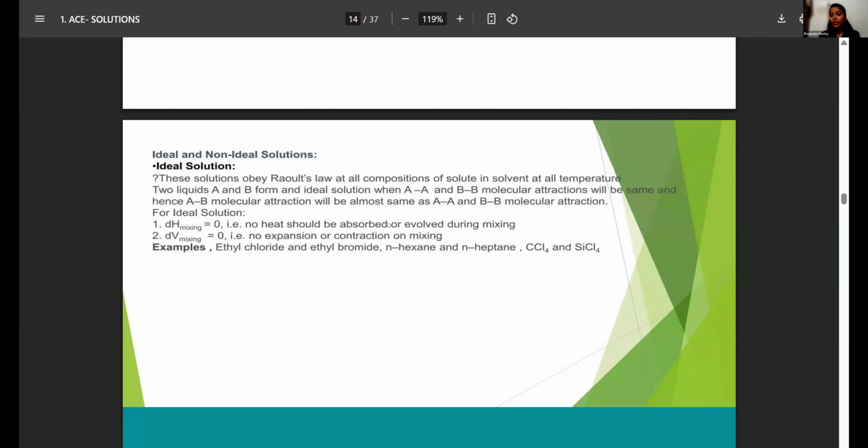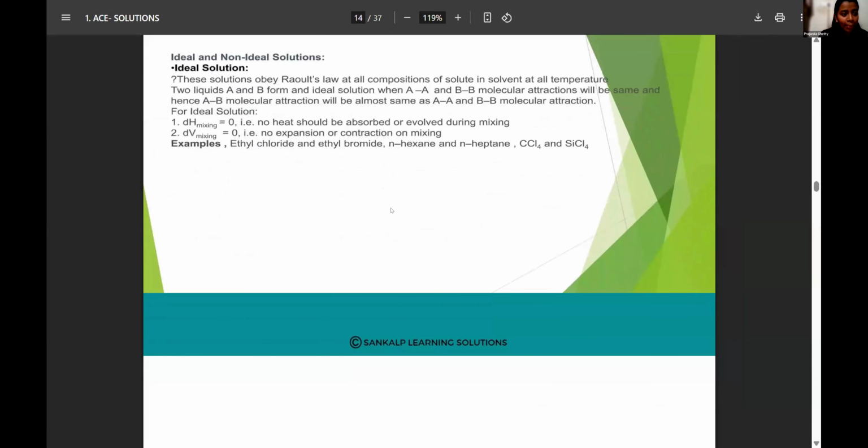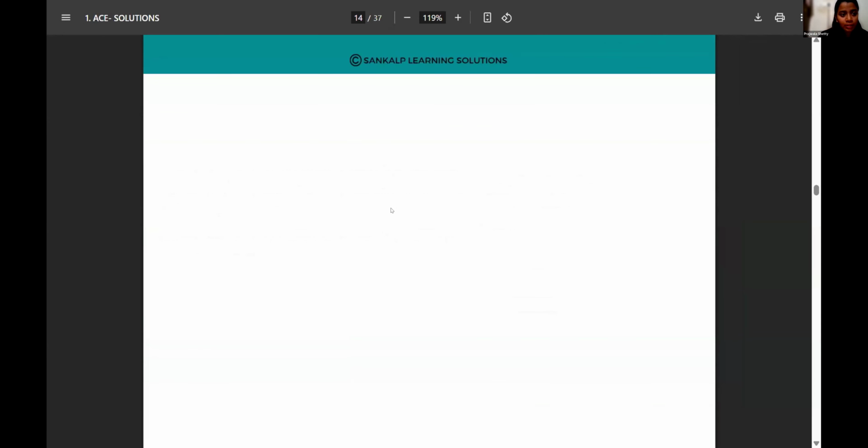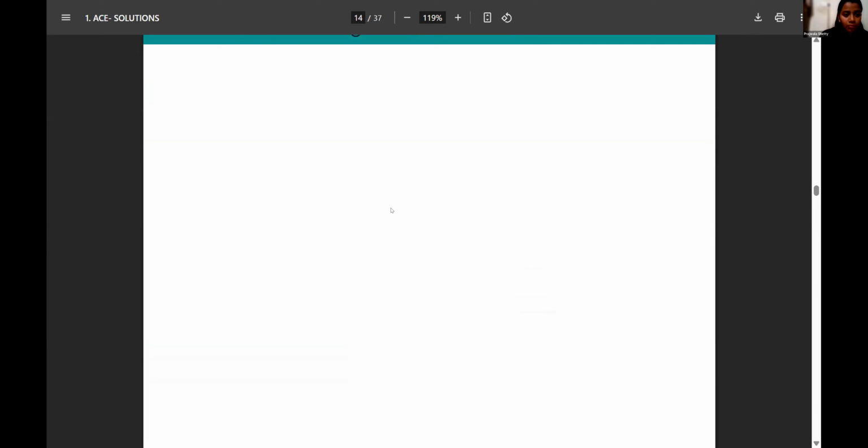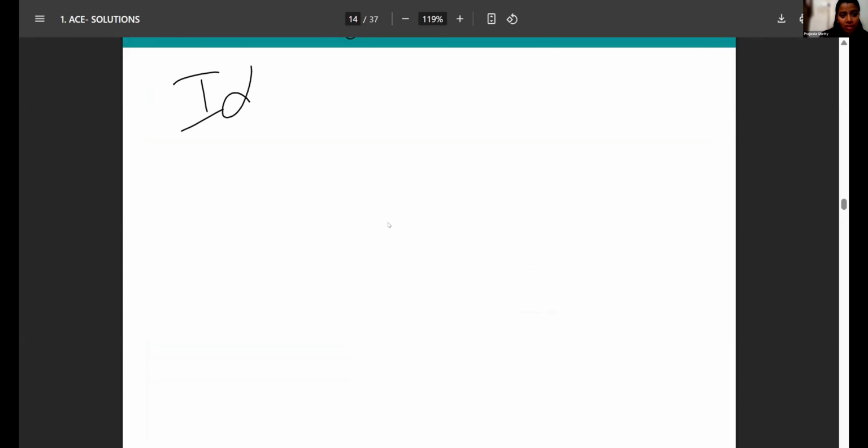Liquid solutions can be classified into ideal and non-ideal solutions on the basis of Raoult's law. Let's consider ideal and non-ideal.